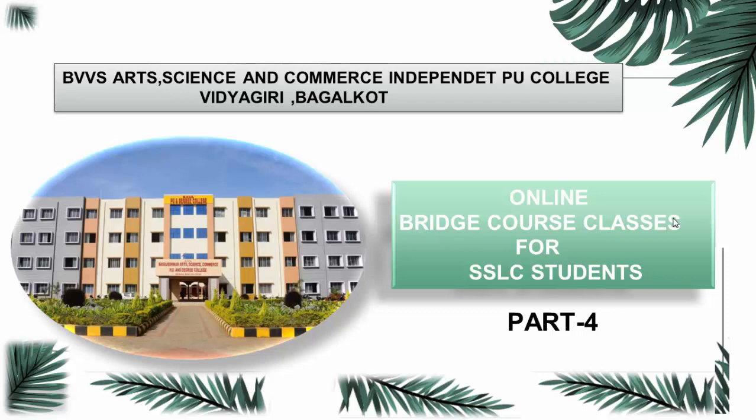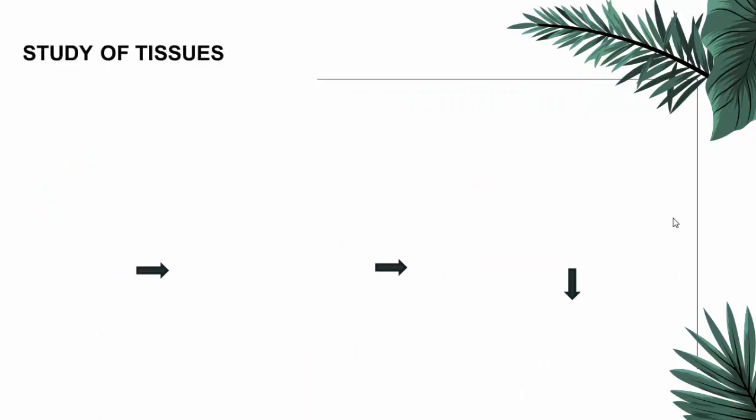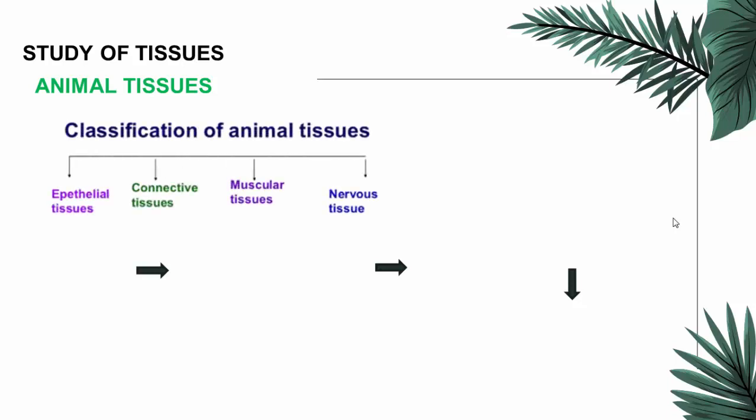So now let us move to the study of animal tissues. In the body of animals, four different types of tissues are present. In the plant body, we have only two main types, meristematic tissues and permanent tissues.